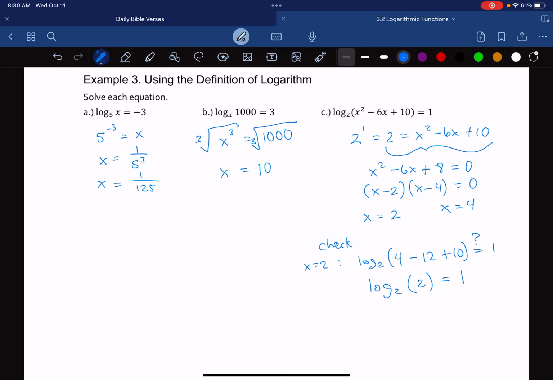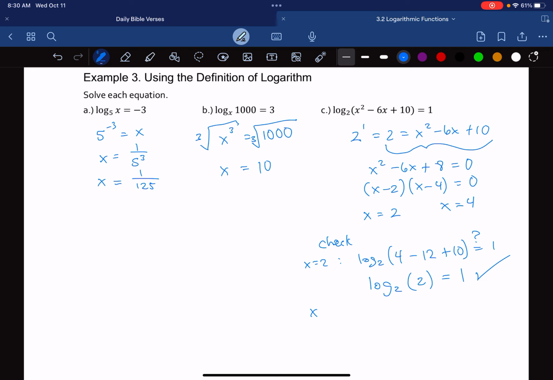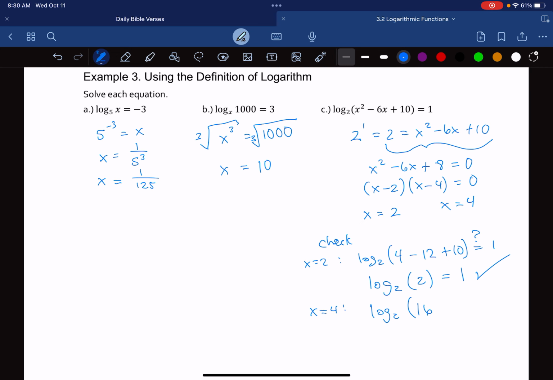And so it's the log base 2 of 2, and yes, that works. Then let's check x equals 4. This will be log base 2 of, we plug 4 in there, 16 minus 24 plus 10. And does that equal 1? Here we've got 16 minus 24 plus 10. That is also 2. So this is log base 2 of 2 equals 1, and that works. All right, so that was successful for us.